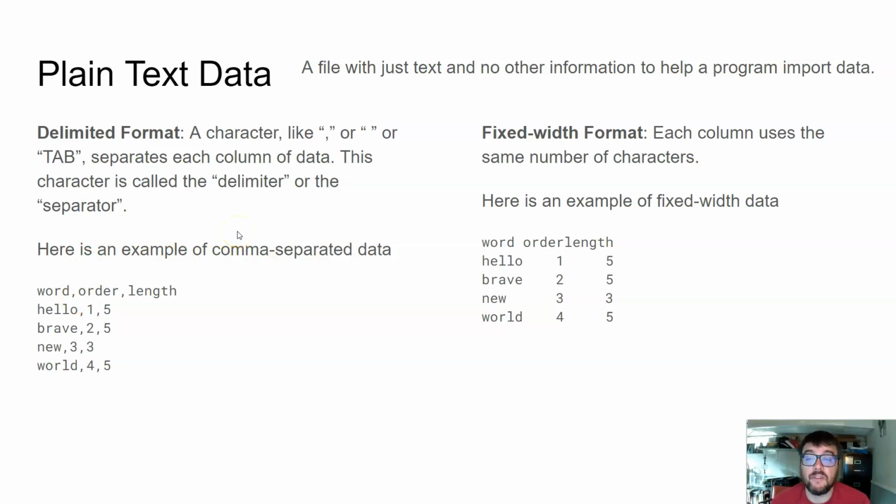And one of the advantages of plain text is, even though it requires a little bit more shepherding through the import process, because the computer doesn't know, for example, this is text and these are numbers, this kind of input can work in just about any kind of statistical or spreadsheet program. And so you can communicate across different platforms with it.